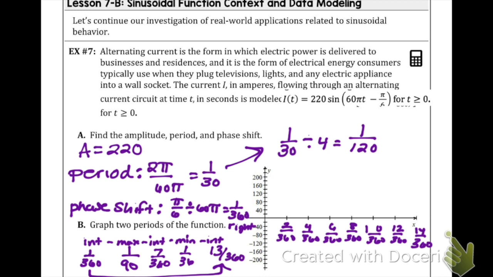So those reduce to, so 2/360ths is what, 1 over 180.